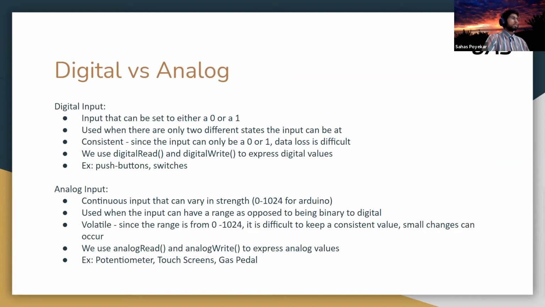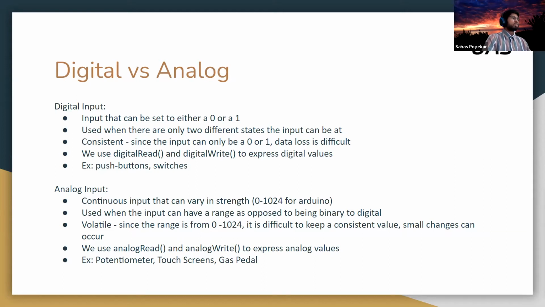There are only two states the input/output can be at any given time. This is useful because it's extremely consistent most of the time. Since the inputs can only be 0 or 1, data loss through inconsistencies with the hardware is usually minimized, because there's only two states it can be at.